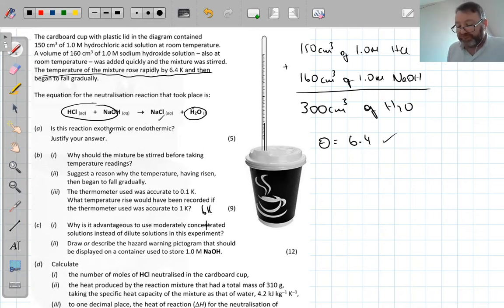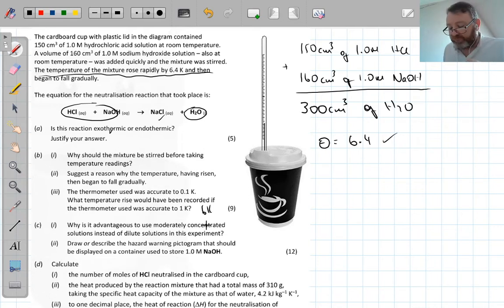Part C. Why is it advantageous to use moderately concentrated solutions instead of dilute solutions in this particular experiment? Well, if we're using dilute solutions, it's too much water.